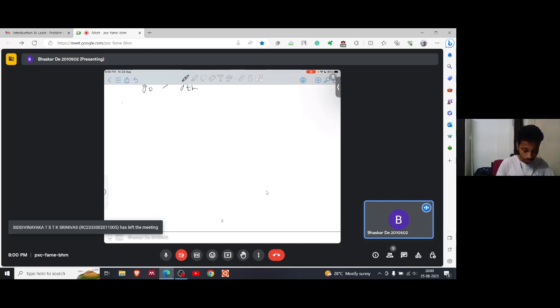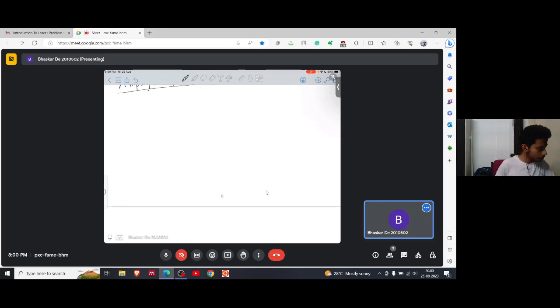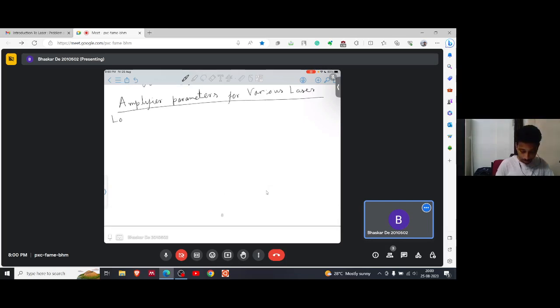So I will just note down some amplifier parameters for various lasers: the laser, g_th, ts, and the length of the gain medium.